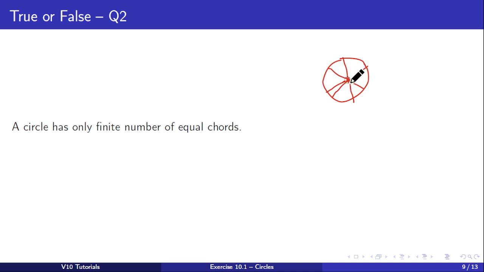So since there are infinitely many radii, there will be infinitely many diameters also for this circle. So if this is the center, there are infinite, and every diameter is a chord. So that is false. Because it will have infinitely many chords because every diameter would be a chord. Okay, so this is a false statement.